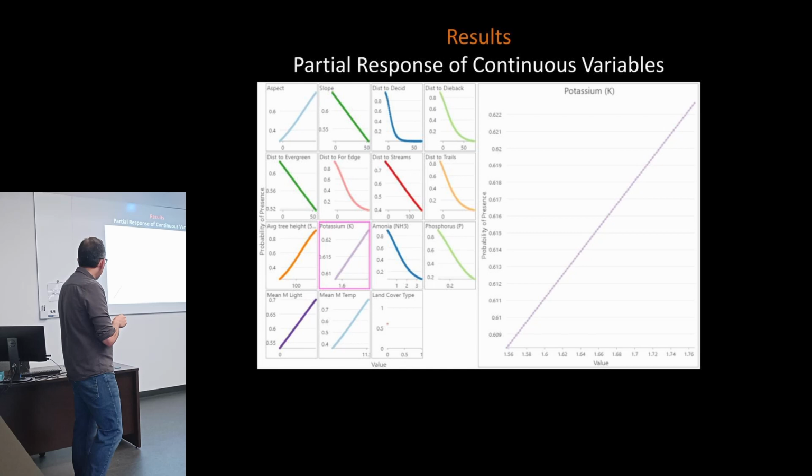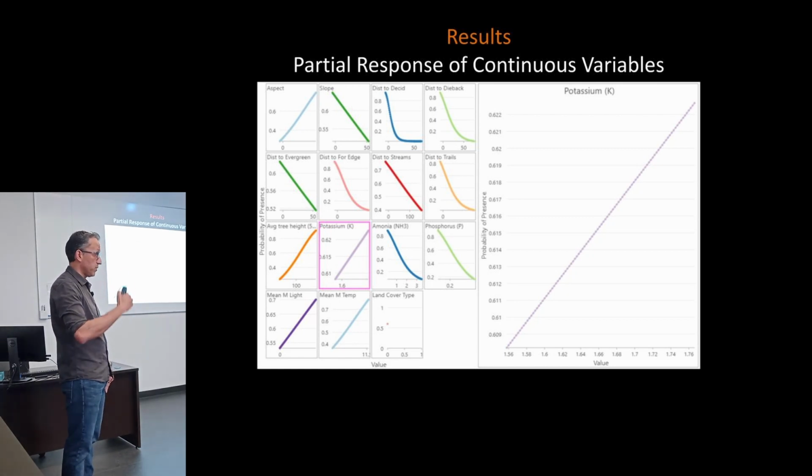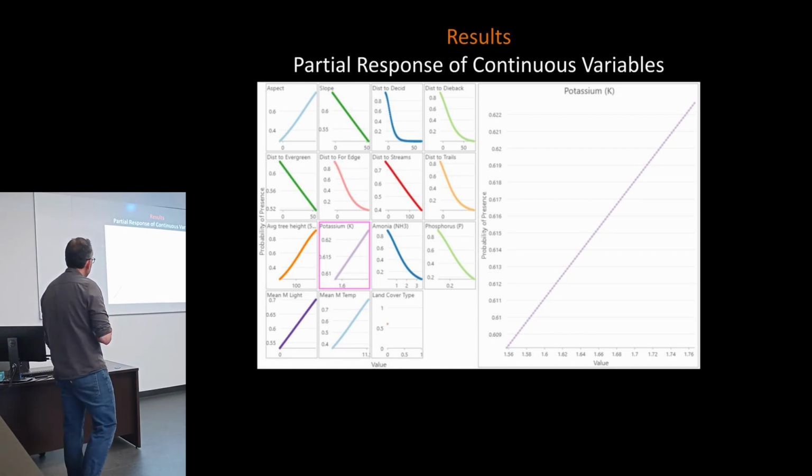So the taller the trees, the higher the probability of finding holly. Holly appears to prefer those areas where you have big trees, which confirms this association with evergreen communities.